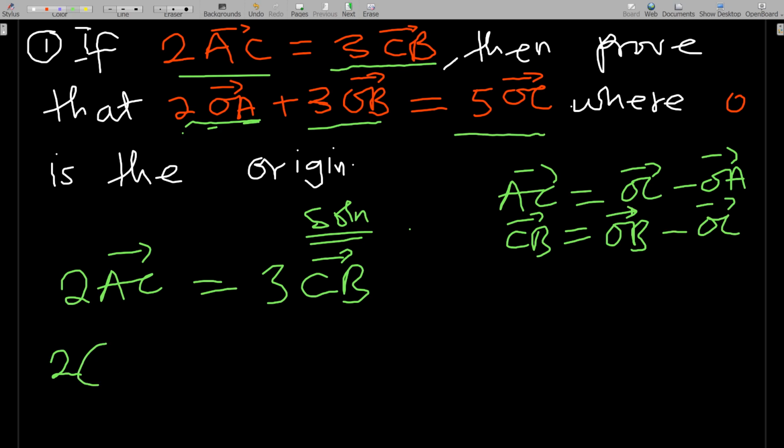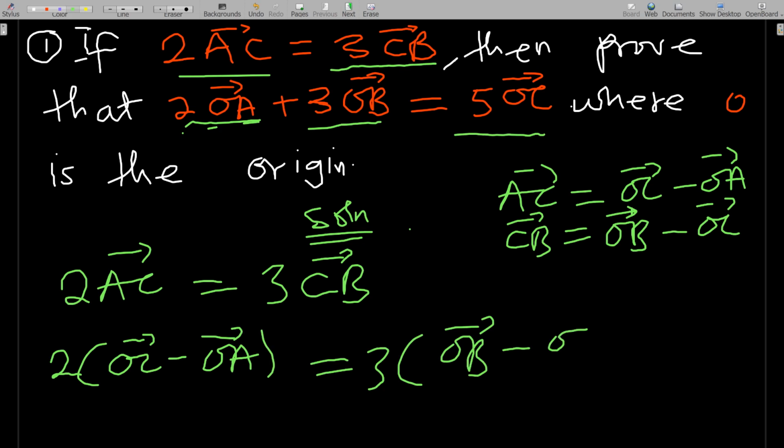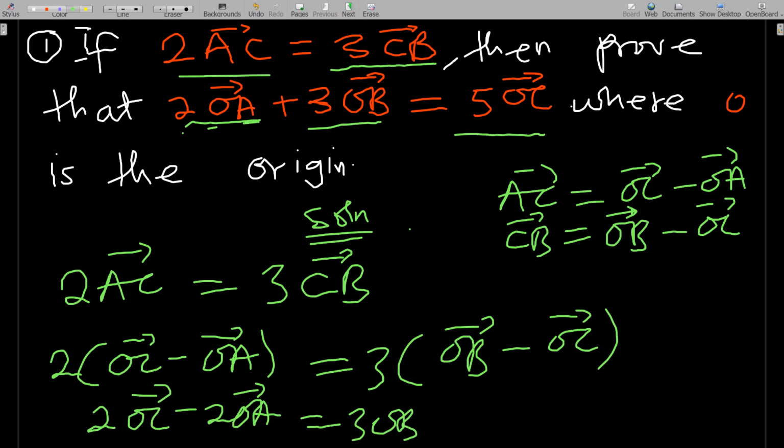So we just put them back in the equation. We have 2 into OC minus OA is the same as 3 into OB minus OC. Now if we expand, we have 2OC minus 2OA equals 3OB minus 3OC.